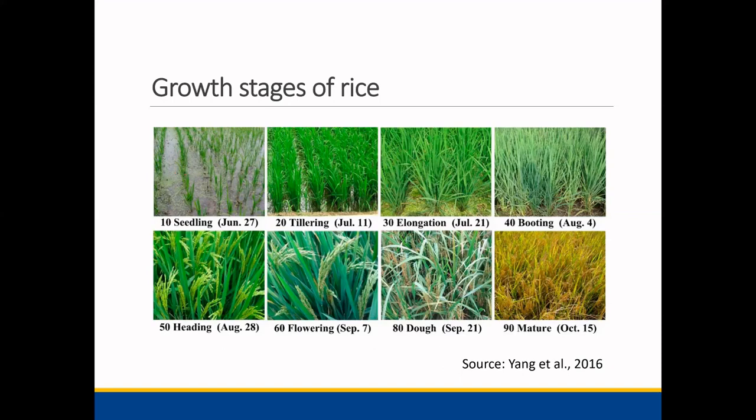That's the seedling stage, how the rice looks. And then tillering, it produces tillers, and then elongation, and then booting, and then heading, and then flowering, and then dough and mature stage. Even though they are missing some photos because it's very difficult, for example, you cannot easily cover PI.